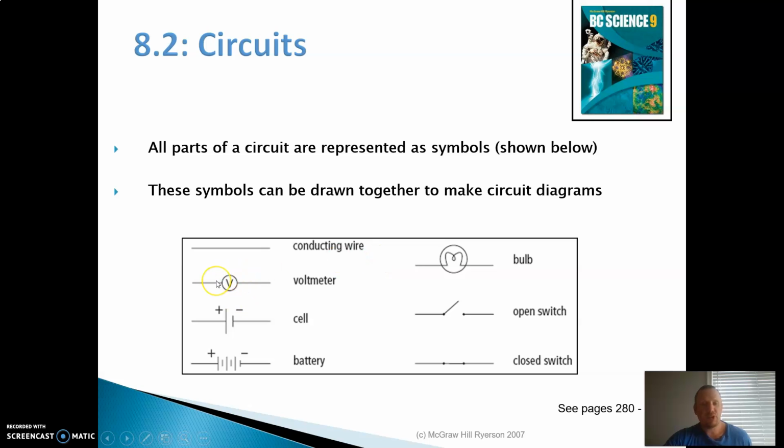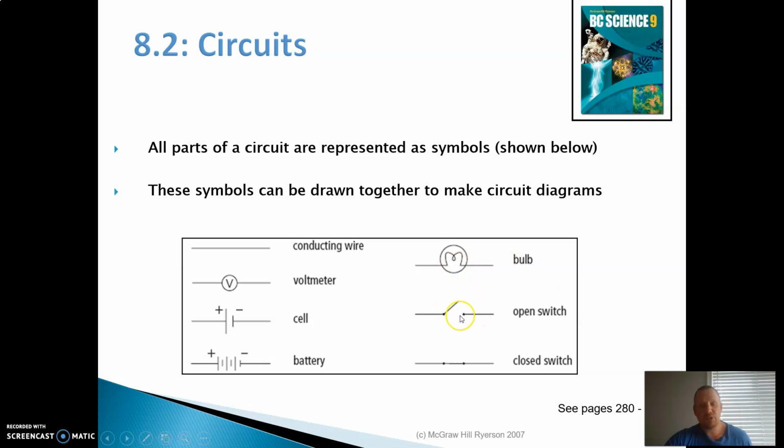This V with a circle around it is the symbol for a voltmeter to measure the voltage. These symbols right here, so a longer line is the plus sign and a smaller line the negative sign, and then wires attached to it, that's a cell and or a battery, because a battery is just a couple cells put together. Here's a symbol for a light bulb, and then a switch.